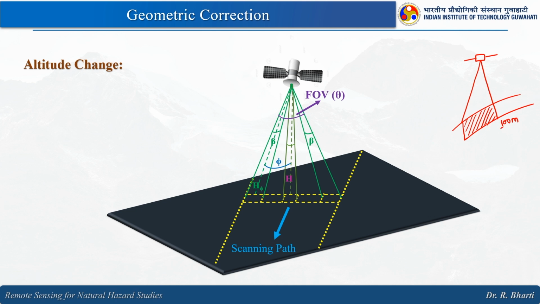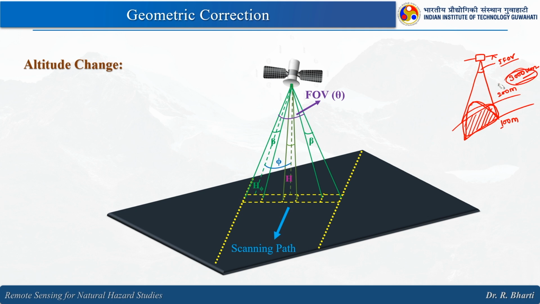What if this level is, because of the topography, 200 meter from MSL, because IFOV is fixed, this is IFOV, altitude is fixed because we are talking about the spacecraft measurement. So this is, let us say, 3000 kilometer. So when we are having the IFOV and altitude fixed, we can estimate how much area it will cover, but actually because of the variation in the topography, this 3000 was not constant.